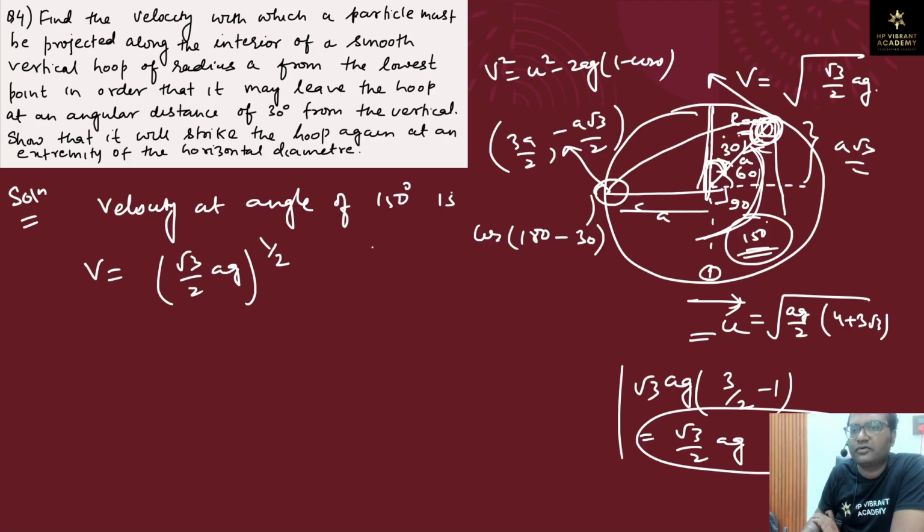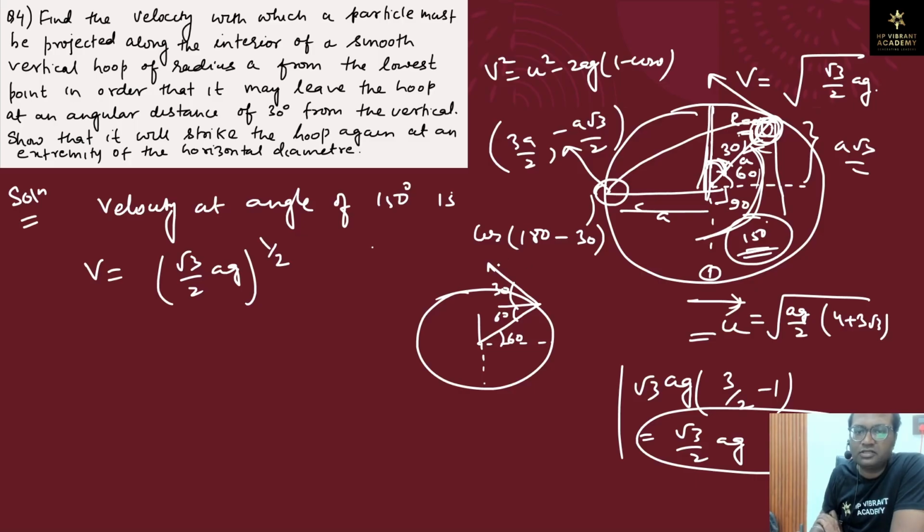Okay, so now it will follow a parabolic path. So this is like this. This is 60 and this is 30. This is 60, this is 60. This whole angle will be 30 degrees.